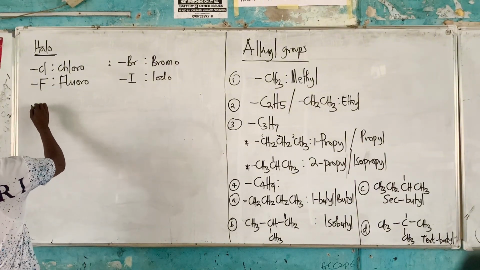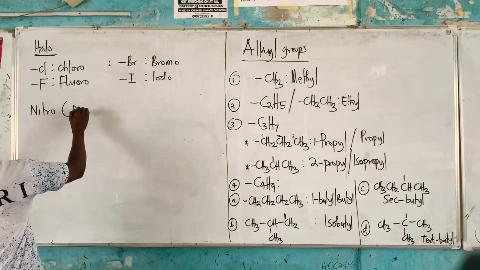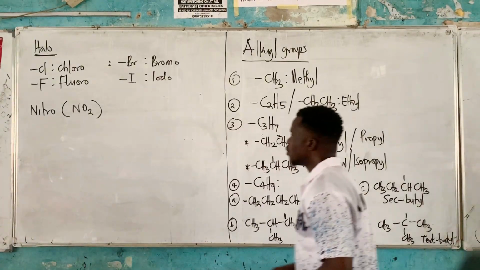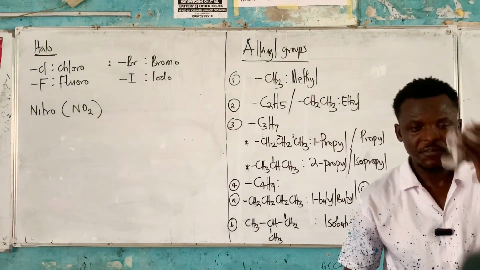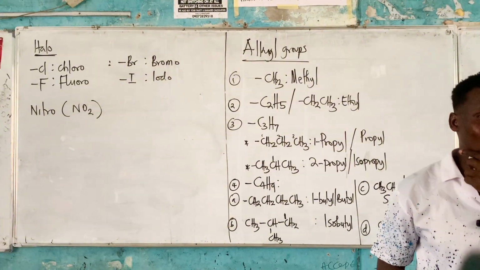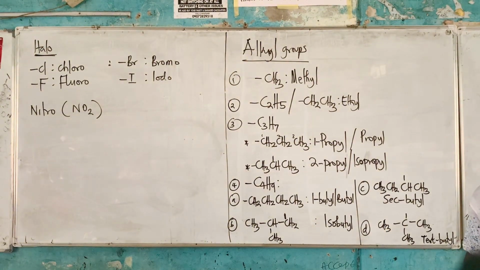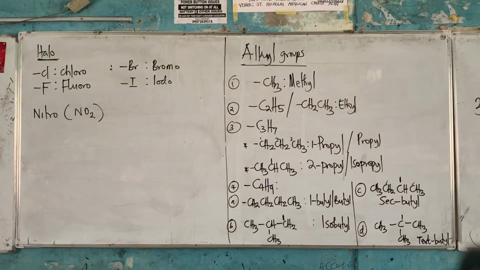And then we have nitro. So we need to know their names, so that when we want to combine them to form the name of a compound, it will make sense to us.